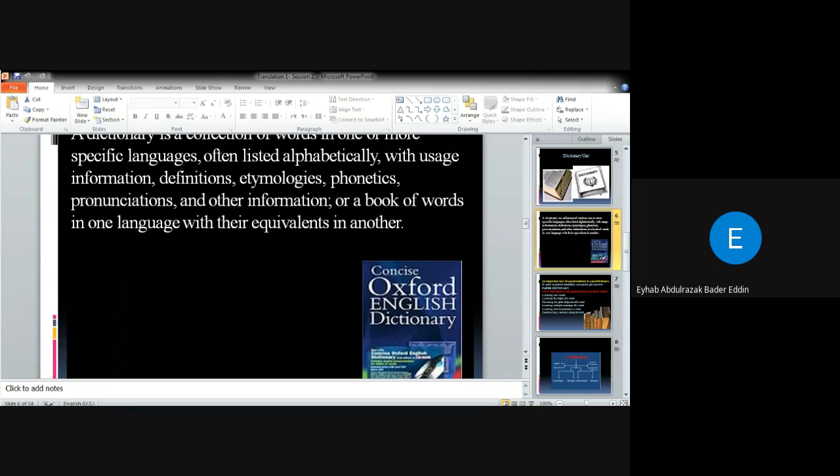And we have educationally, which is an adverb. Okay, clear?